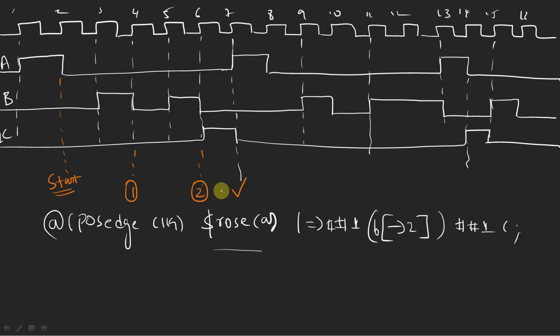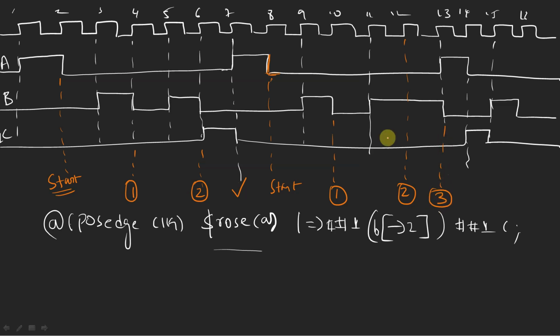Now, where is the assertion going to start again? The assertion is going to start again at the 8th cycle. Here your A value is equal to 1, so assertion checking will be started. This is our second check. After 2 cycles, your value of B is equal to 1 for one time, and it is non-consecutively high for a second time, and it is high for a third time also.